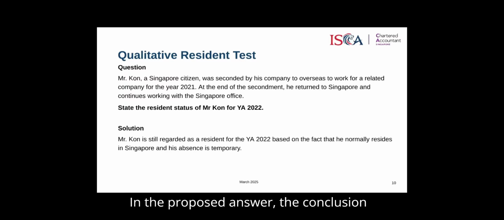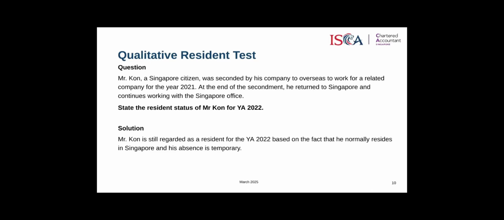In the proposed answer, the conclusion here is Mr. Korn is still regarded as a tax resident of Singapore for YA 2022, based on the fact that he normally resides in Singapore and his absence is temporary.